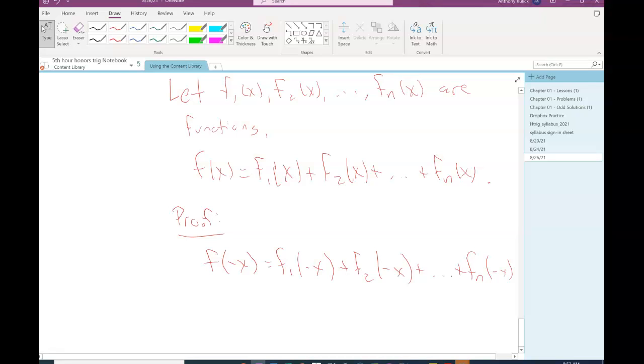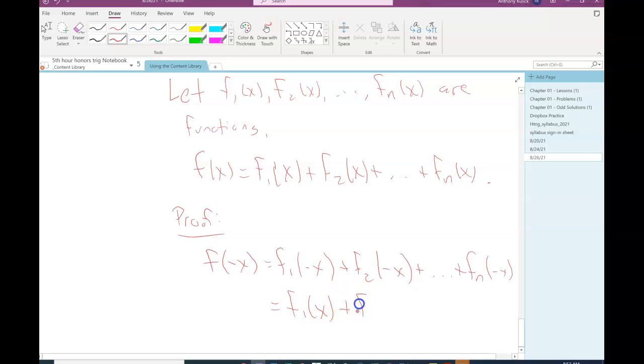And since f1 of x is an even function, what does f1 of negative x equal? It's just f1 of x, right? That was one of our assumptions, that each of these was even. So f1 of negative x is just f1 of x, because that's the definition of an even function.